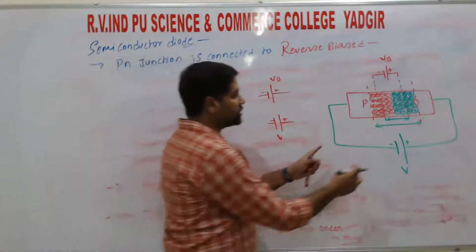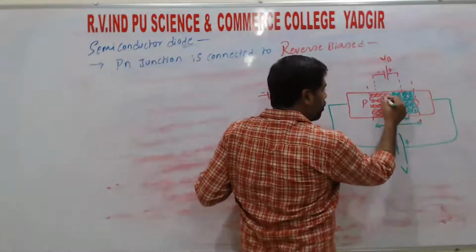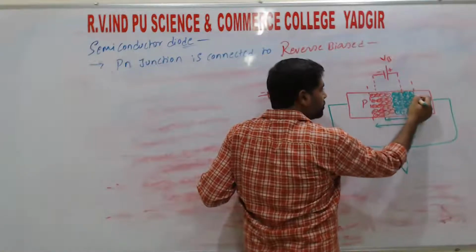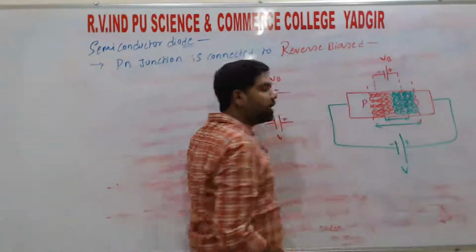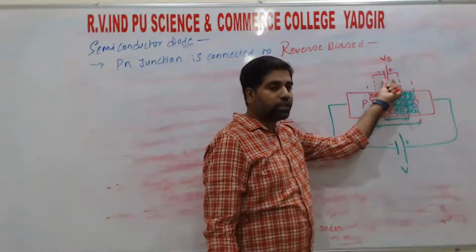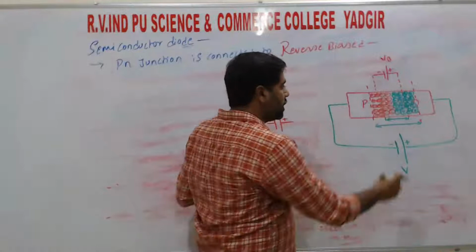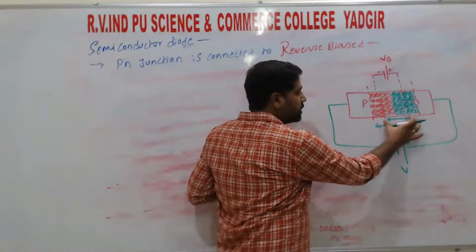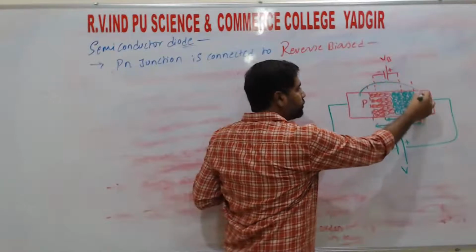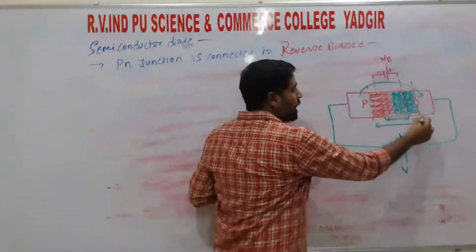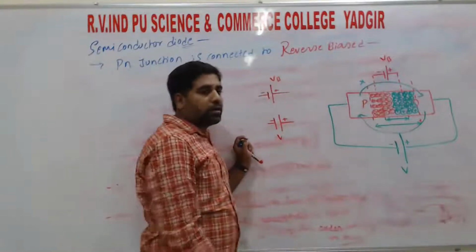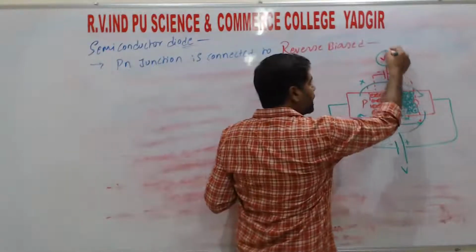So as the depletion layer increases, the diffusion of the charge carriers, that is electrons and holes, finds it very difficult to cross this barrier because of this potential. Right? So as this barrier goes on increasing, the diffusion of holes to the N type and electrons to the P type is not possible because of this barrier potential.